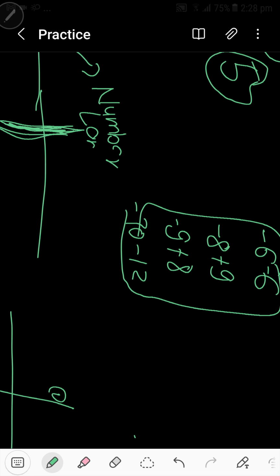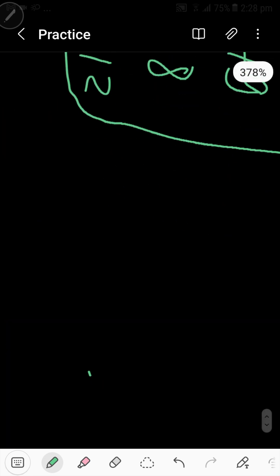Let's try this with a couple of practice questions. First, we start at 8. So 8 minus 3. Start at 8 and we go 3 steps backward. 8 minus means step backward.